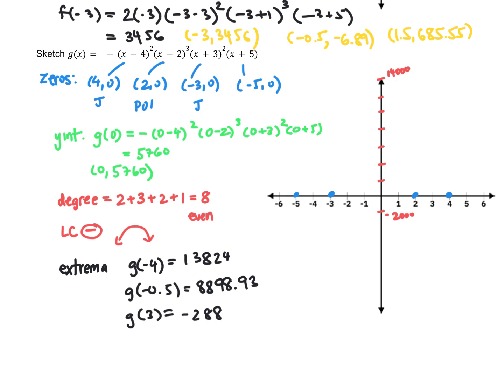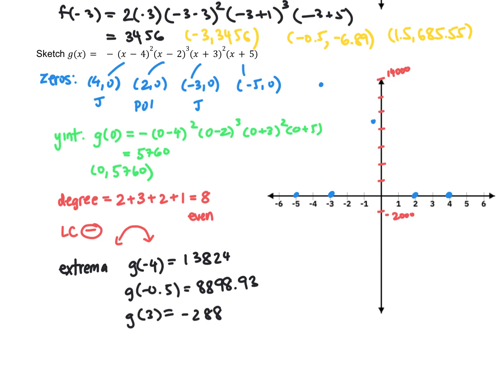So at -4, we want to be at almost 14,000. So maybe something like that. At -0.5, we want to be almost at 9,000. So 2, 4, 6, 8, something like that.